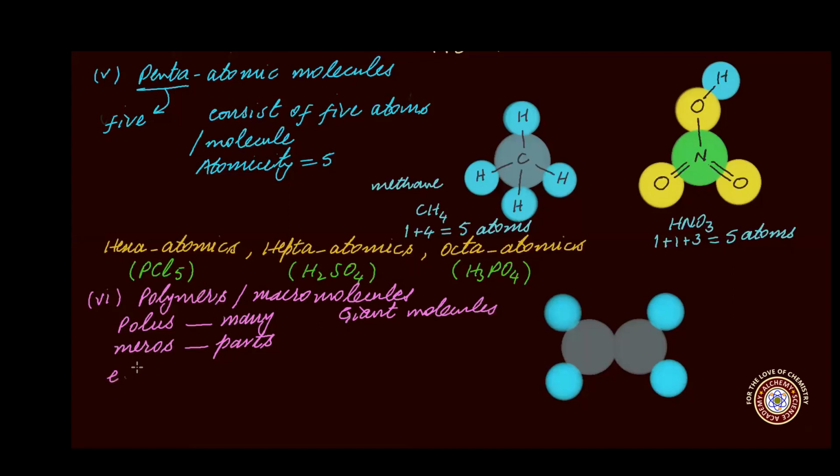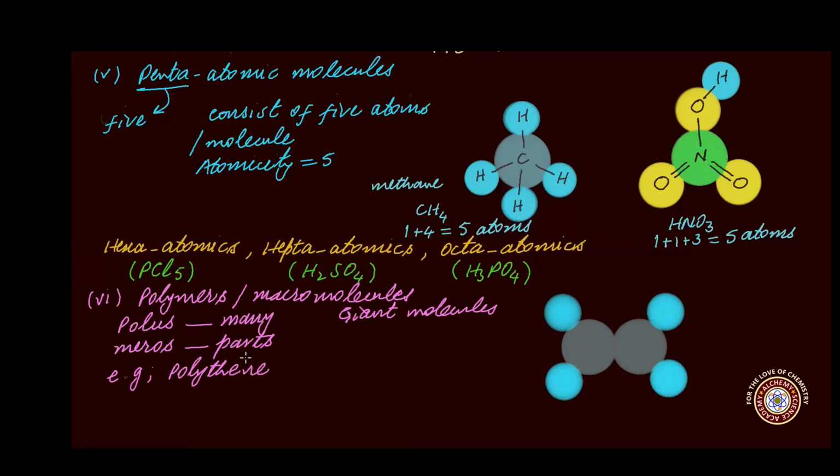There are a number of polymers known to us. For example, quartz, rubber, diamond, silicon, polythene, polyesters, DNA, proteins, etc. They all are polymers. Here we take an example of a simple addition polymer, that's polythene.